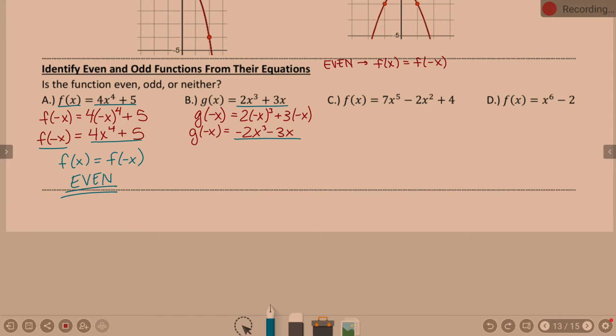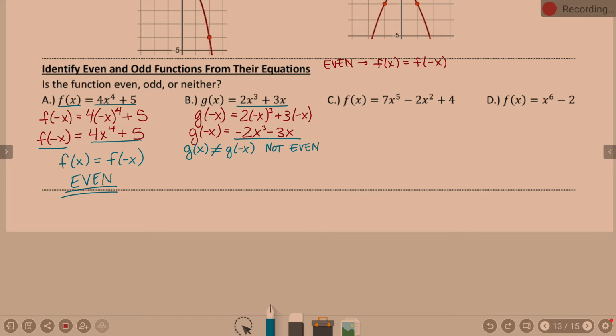Okay, so I think what I'm going to write in here, g of x does not equal g of negative x, and so I know this is not even. Okay? So now, if it's not even, we've then got to check odd.